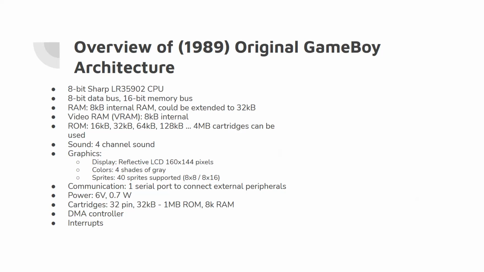You normally see 32K; that's the go-to size for ROMs on cartridges. So either 16 or 32K, but they support larger ones, and depending on the game, it may need more space. It may be a more complex game with more instructions or more graphical data. So it can go up to that 4 megabyte cartridge size.